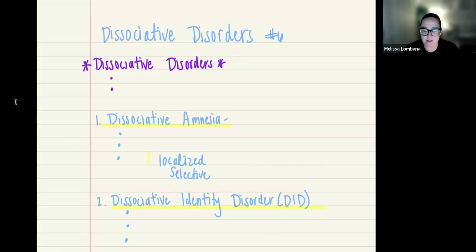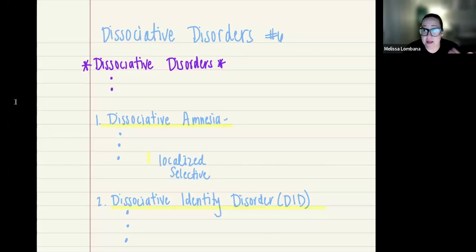So that's selective. And then there's generalized amnesia. This one's actually really rare when it comes to dissociative disorders. And this is where there's total loss of memory of a person's life. And this could even include learned skills and knowledge that they have.